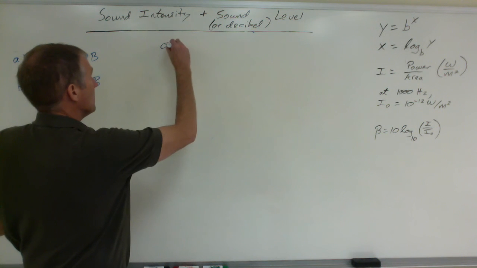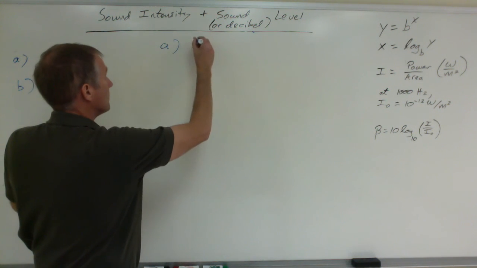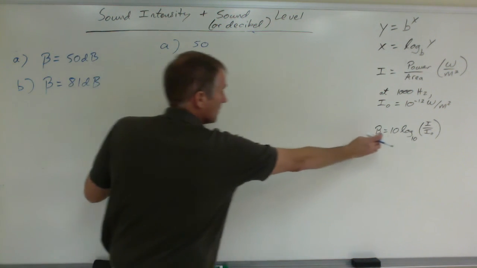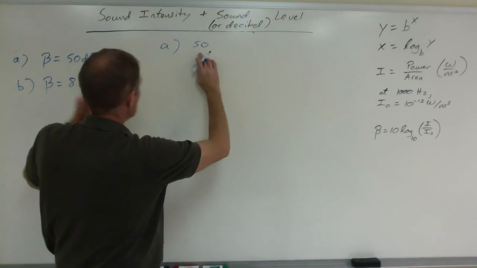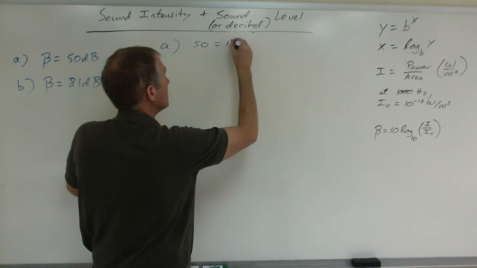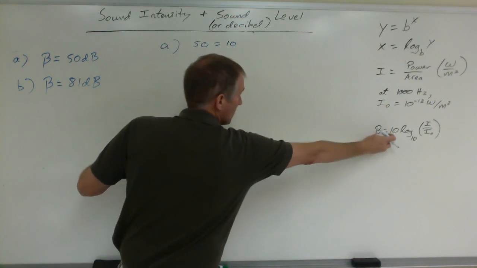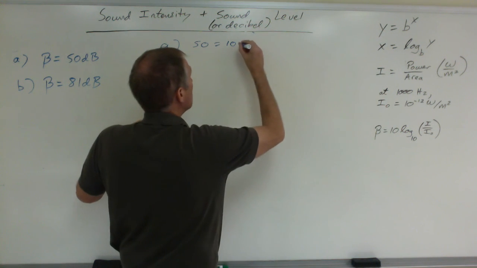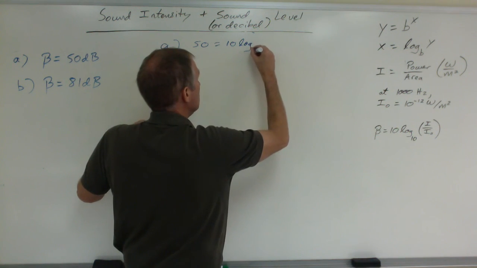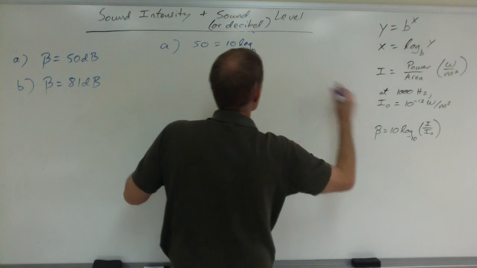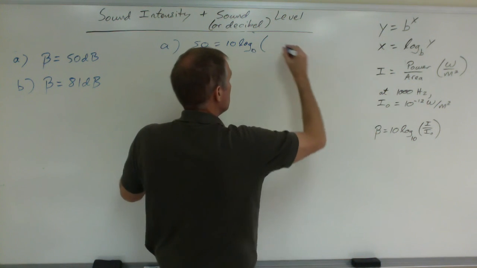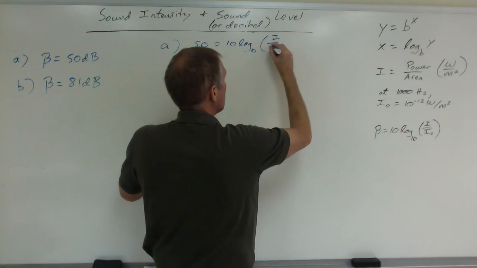To do part A, let's write this out. 50, that's beta, equals 10, that 10 right there, log to the base 10 of the stuff in parentheses, which is I over I sub 0.